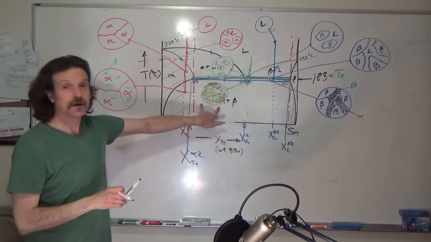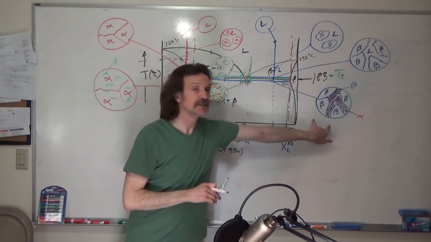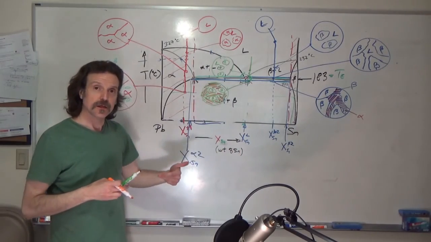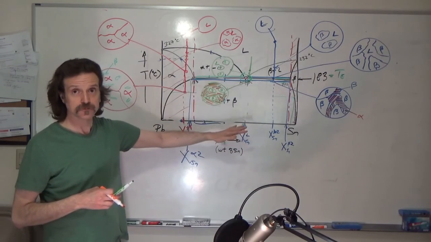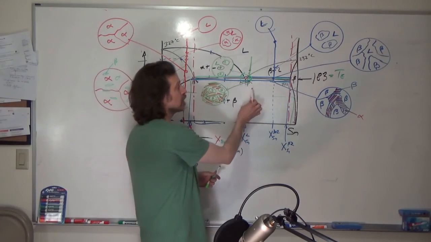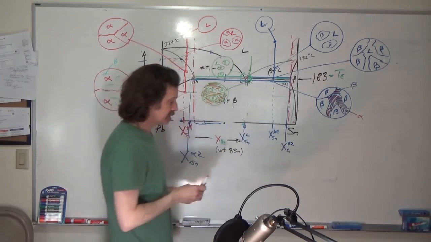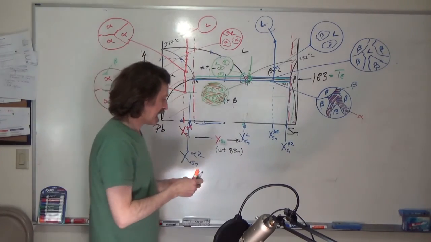So in contrast, this versus this, we're able to control the microstructure that forms on cooling by choosing where we reside.